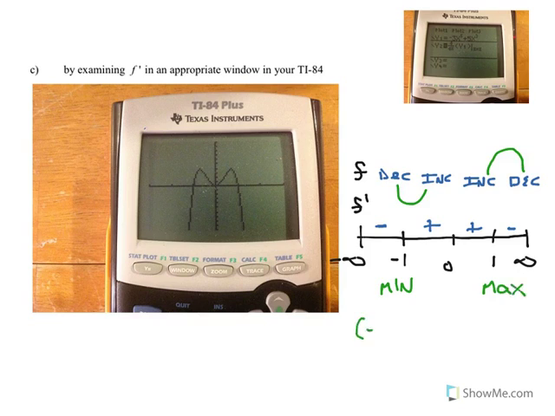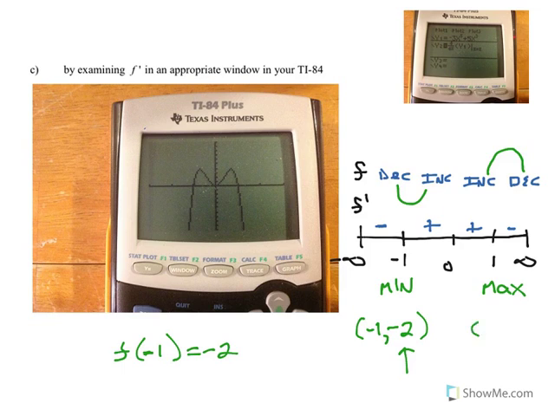So you have your min at -1, comma -2. Again, to find that -2, plug the -1 back into f. Go plug the x value back into f. And that's going to get you a y value of -2.